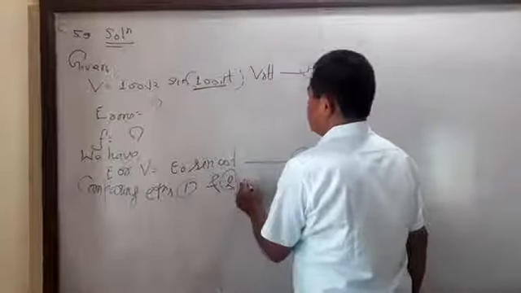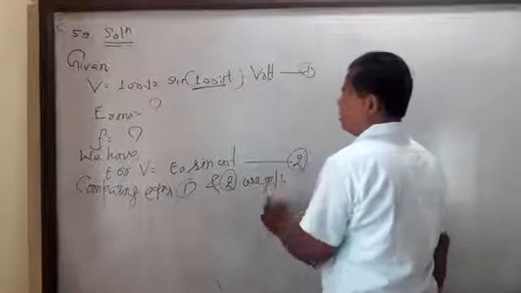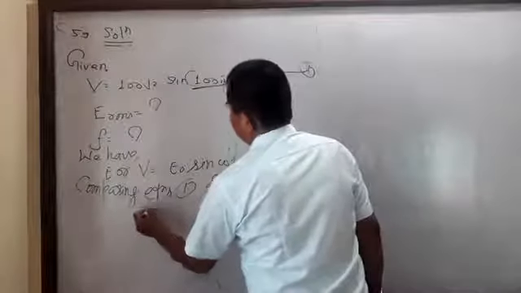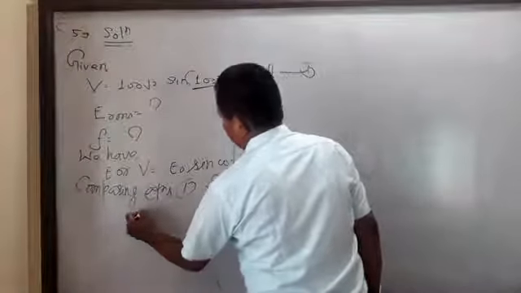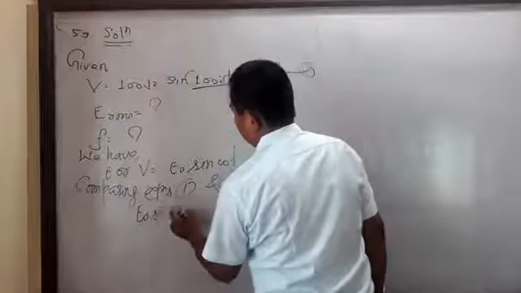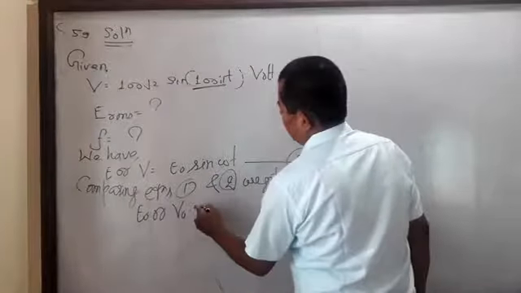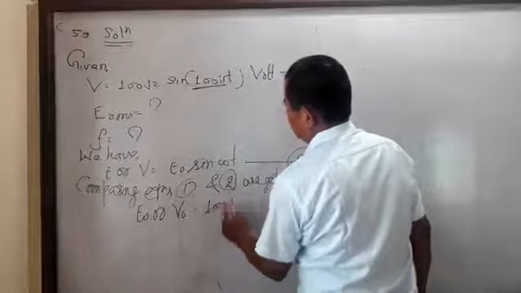Comparing equations 1 and 2, we get E naught, or V naught, is equal to 100 root 2 volt.